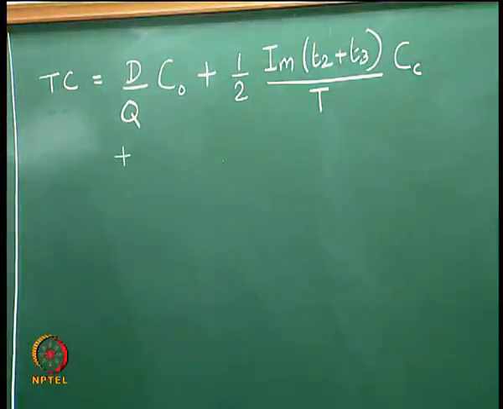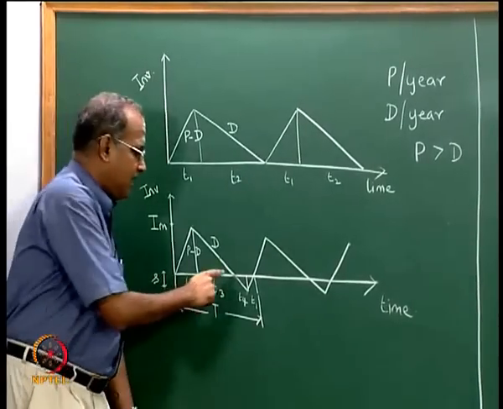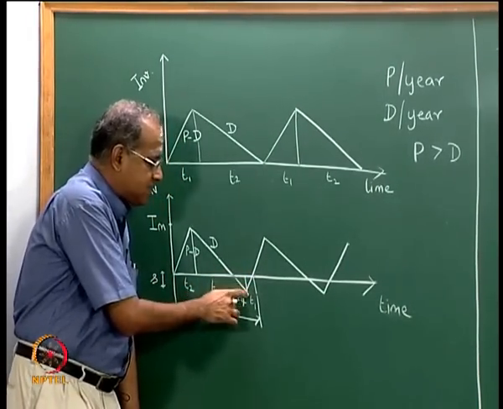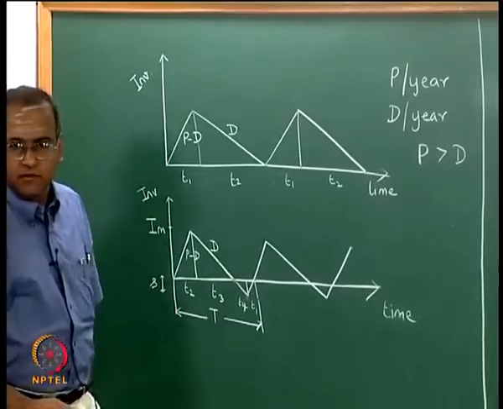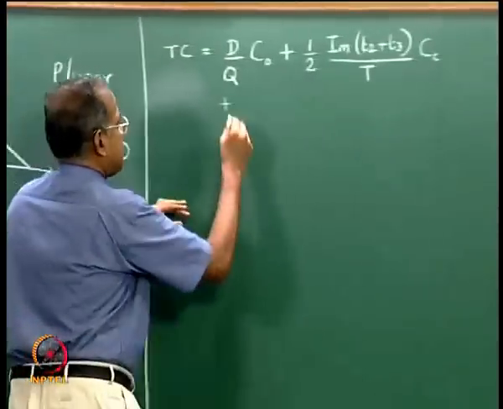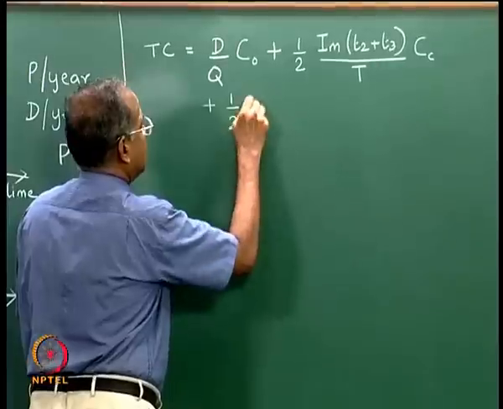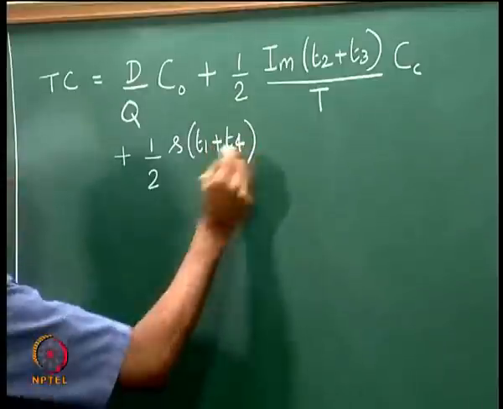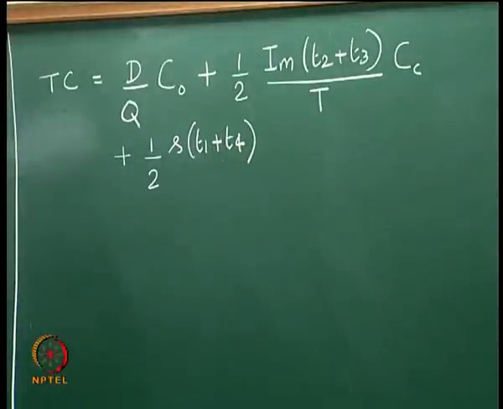So total quantity back ordered is the area of this triangle, which is half into S into T1 plus T4.